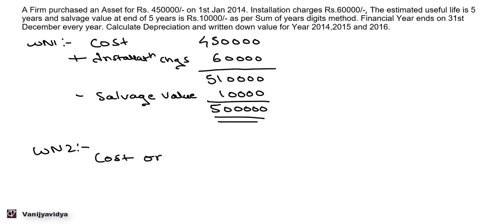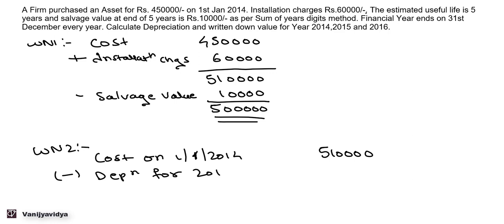Cost of asset on 1st Jan 2014, that is 5,10,000 less depreciation for 2014. Now depreciation for 2014 will be, what is the depreciable amount? 5 lakh divided by 5 plus 4 plus 3 plus 2 plus 1 into how many years are remaining? 5 years including the current year.